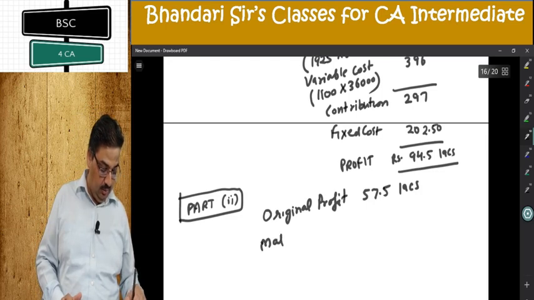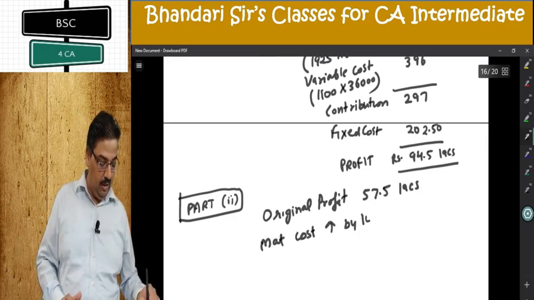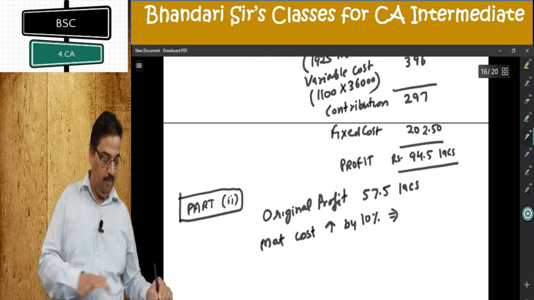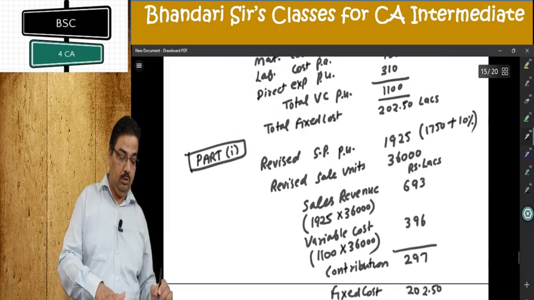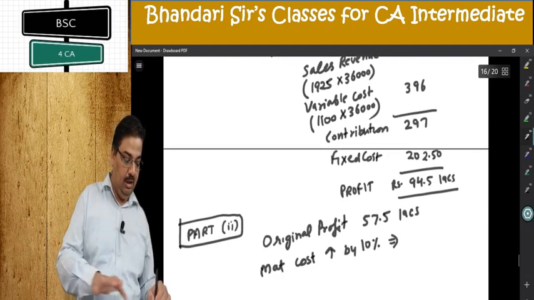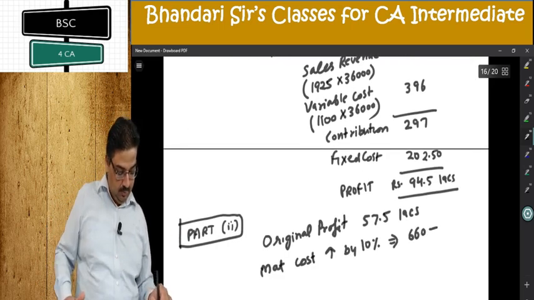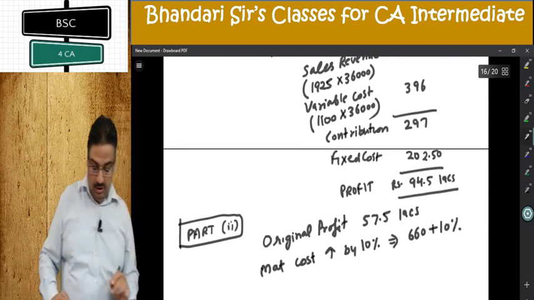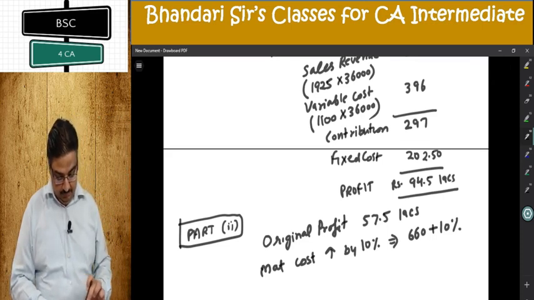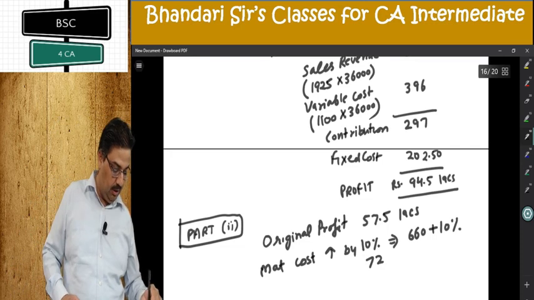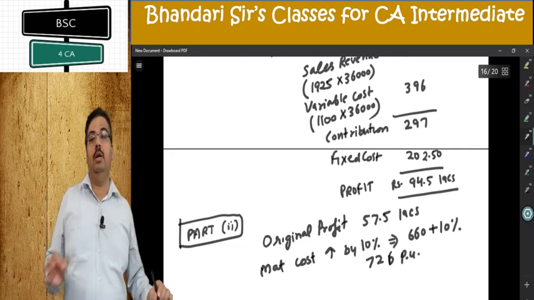Material cost rises by 10%, which implies the material cost originally was 660 per unit. 660 plus 10%, 726 per unit.